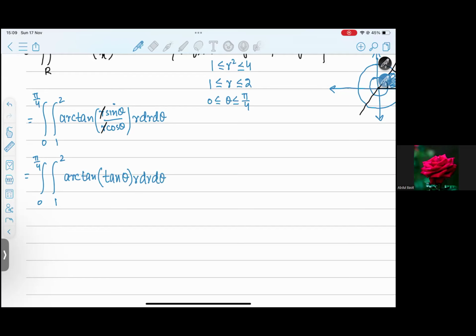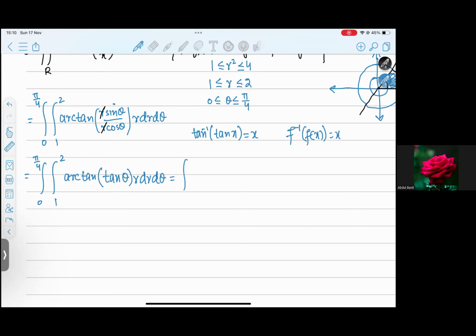Okay. Tan inverse of tan of x is equal to x. So using this identity, because f inverse of f of x is just x, we are using the same identity here.